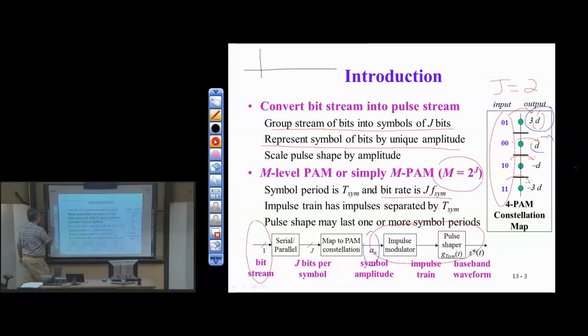All right, so what's going to happen is I'm going to have the output of the impulse modulator. It's going to be a series of impulses. And these impulses will be separated by the symbol time. And the area will be scaled by the symbol amplitude.